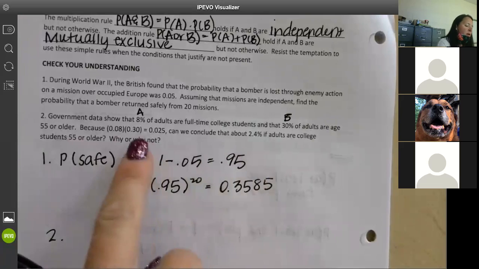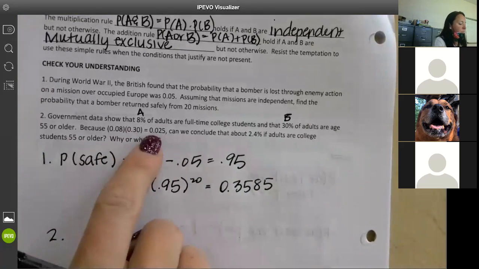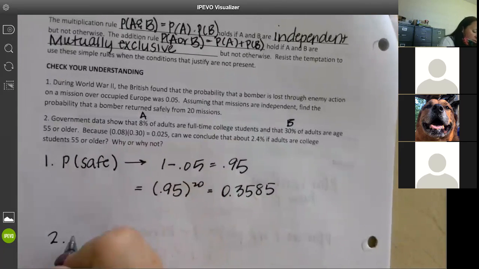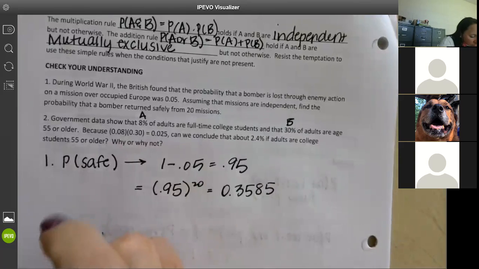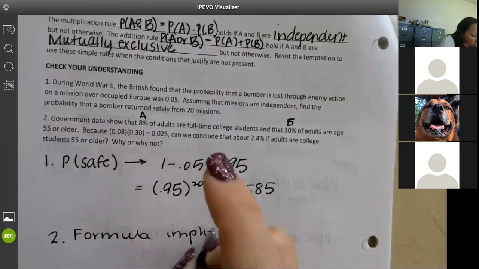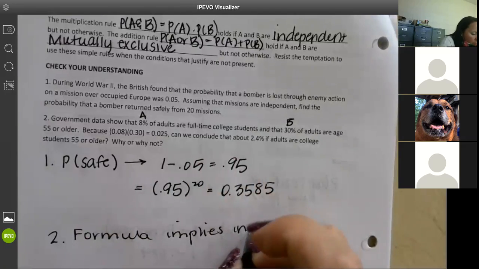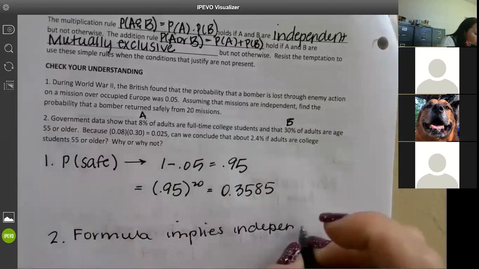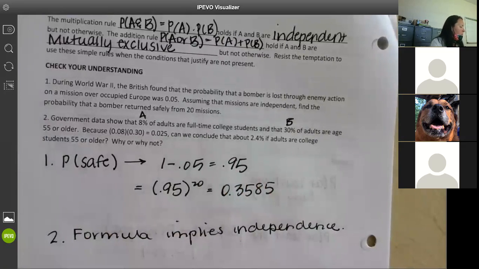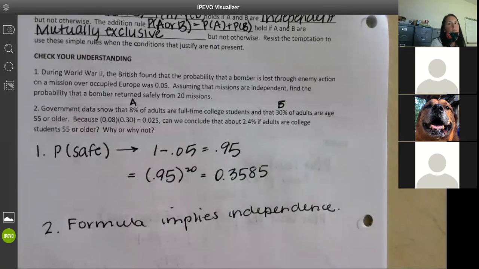So what does this formula imply? That they are what? Independent. Yes. So the formula implies independence. All right, so why is that a big deal?